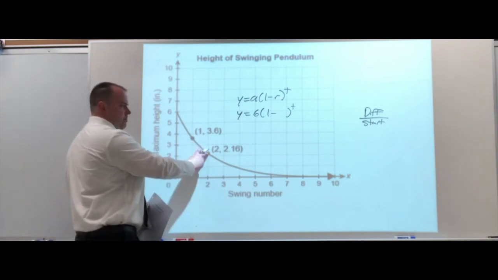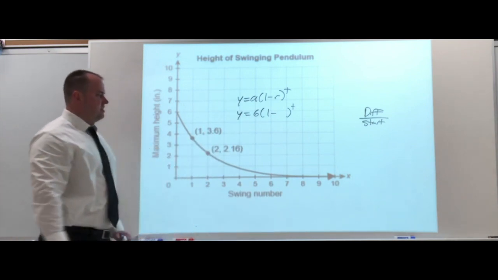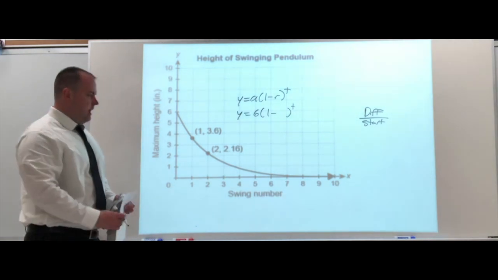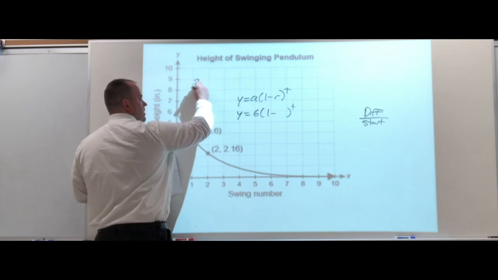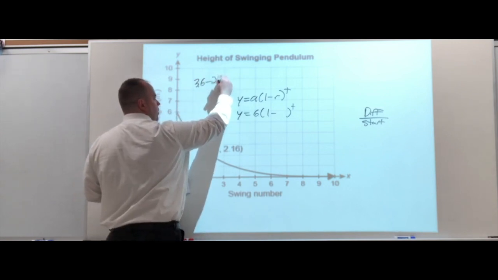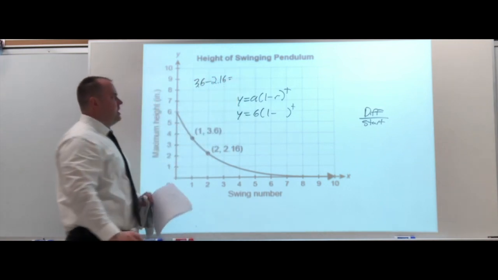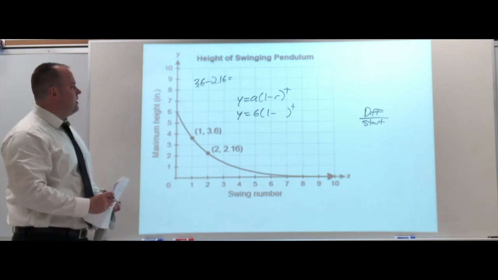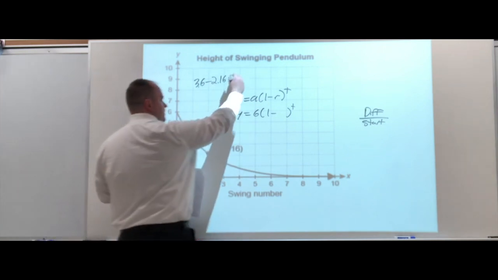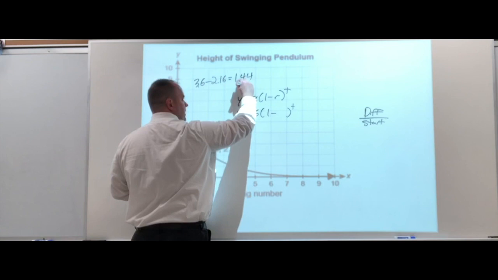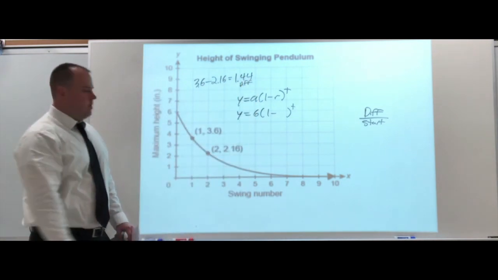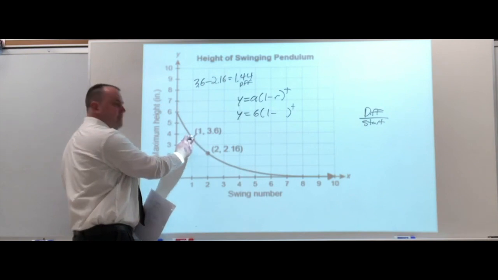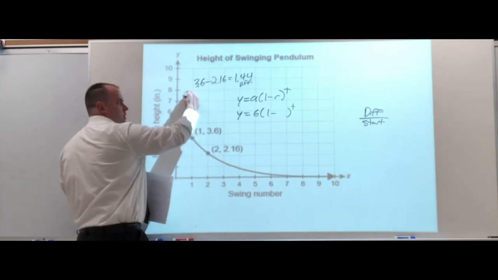If we look at our first 2 points, they're giving us 3.6 and 2.16. So the difference between the two is 3.6 minus 2.16, and that should give us 1.44. Just make sure your starting amount, of the 2 points we looked at, is 3.6, the one we have to divide by.